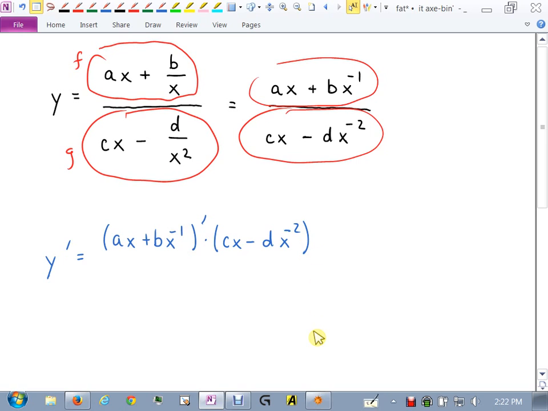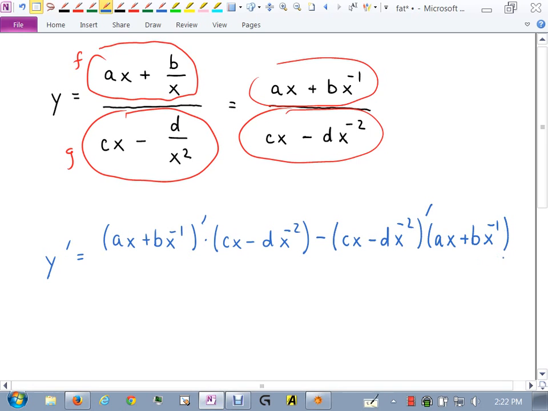Then minus the g, cx minus dx to the negative 2, that derivative, times the f, which was the ax plus bx to negative 1, no derivative, all over the g squared. So cx minus dx to the negative 2, squared.